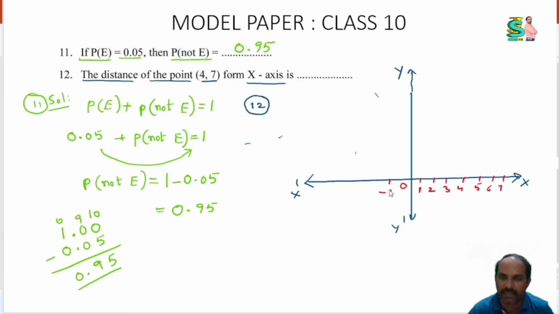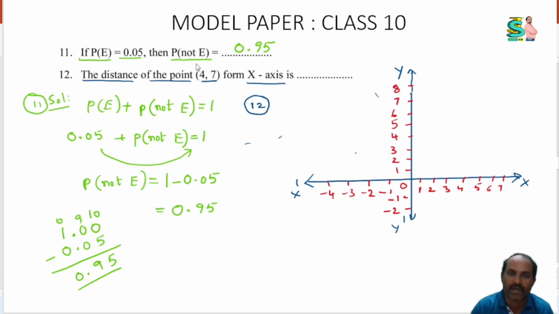This side -1, -2, -3, -4, like this. Here -1, -2, enough. No minus values are there. So 1, 2, 3, 4, 5, 6, 7 and 8.